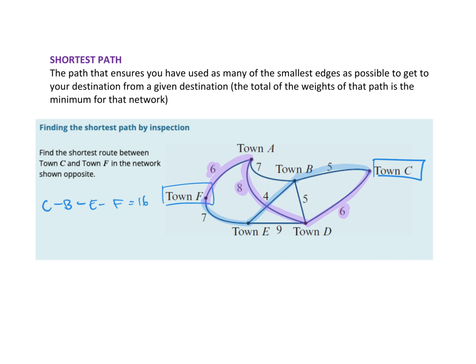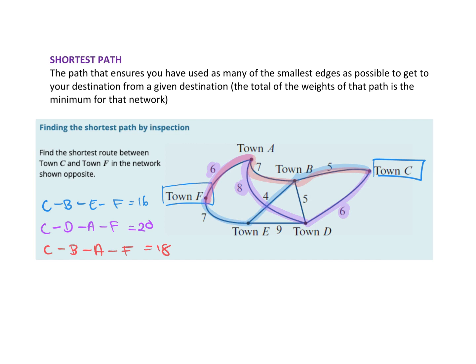So that would be 20. If you try a few others, I'm going to go from C to B to A, that would be 12 plus 6, that would be 18. So it looks like I've picked the shortest one in the first go. Okay, so that was 18. All right, so that's that.